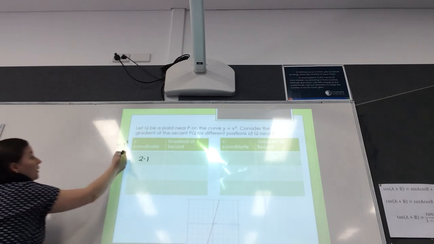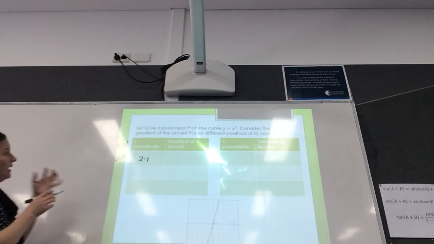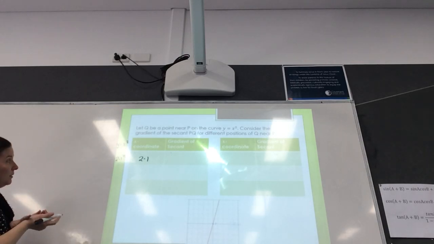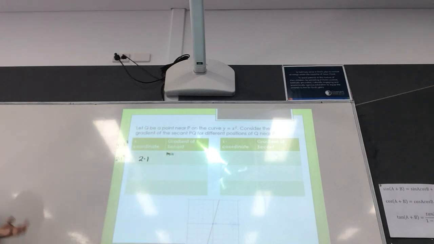Yes. Okay. Now, we call that line that was drawn on the graph joining P and Q a secant. You would have seen secants in circles, but we call that a secant, and we're finding the gradient of the secant at the moment. Remember the gradient is y2 minus y1 over x2 minus x1, right?